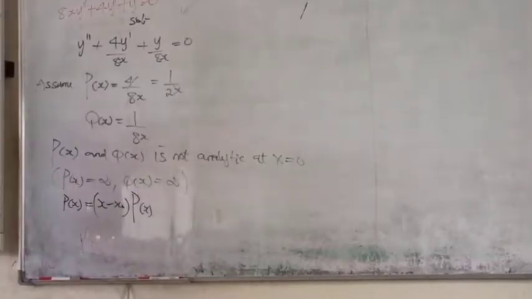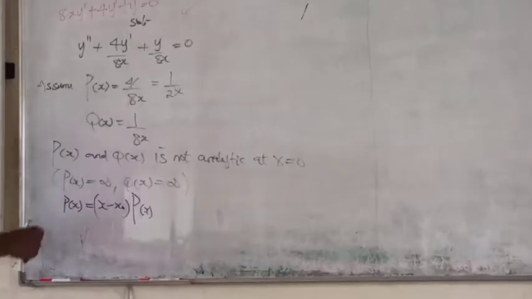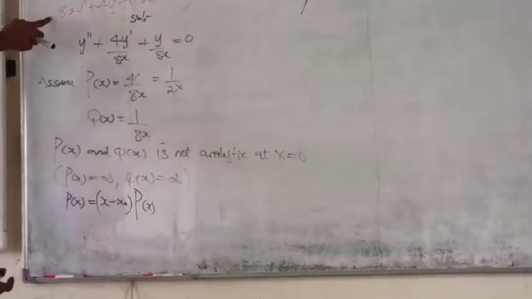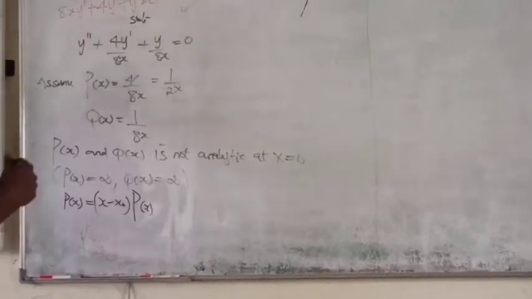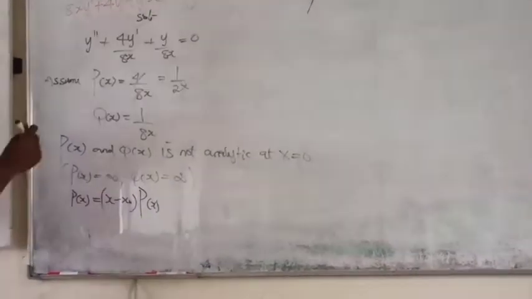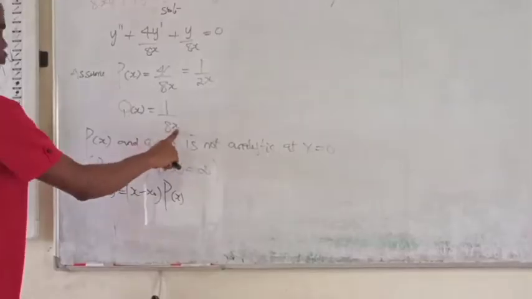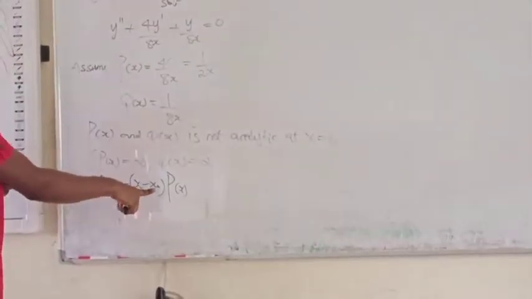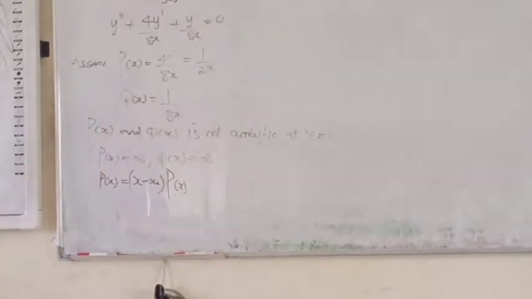As I explained earlier, the small letter p of x is to check whether this equation is regular or irregular. And recall what I said, that the substitution of the x that you used here should be the value of your x naught.